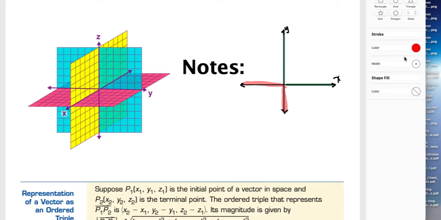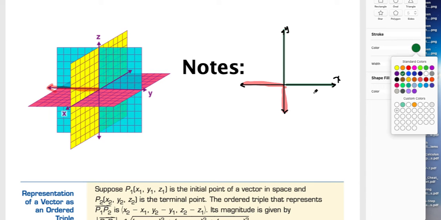The reason I'm pointing that out is because I want you to think about what's happening here. The x and y axes have been flattened and turned onto this red axis here. This is the negative part of the y-axis, and this is the positive part of the y-axis.